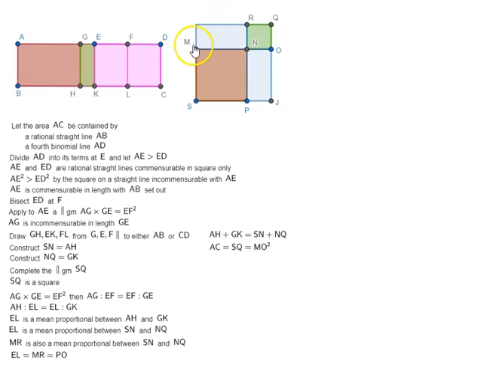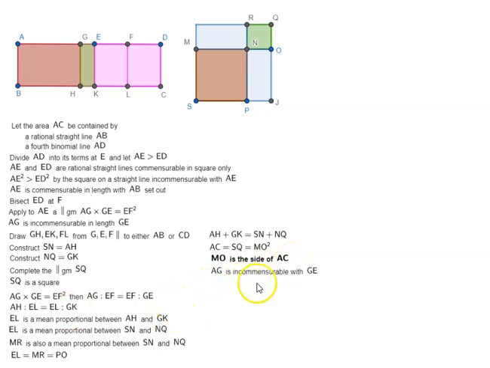So we can say the square on SJ, or the square on MO. MO is the side of a square whose area is equal to the area of AC. That is what it means for MO to be the side of AC.